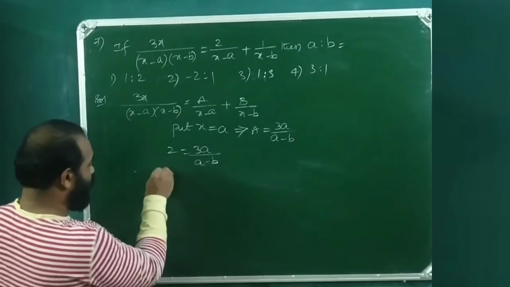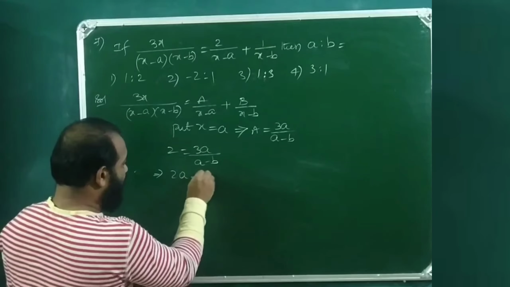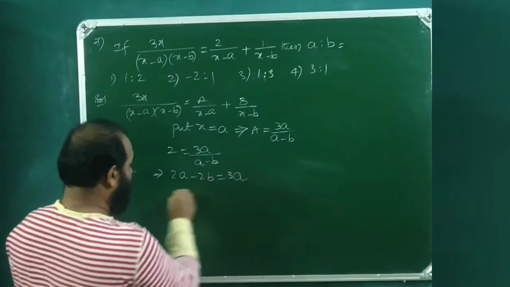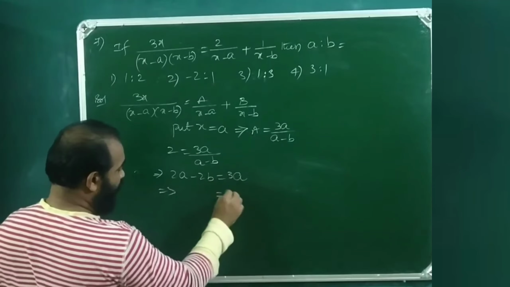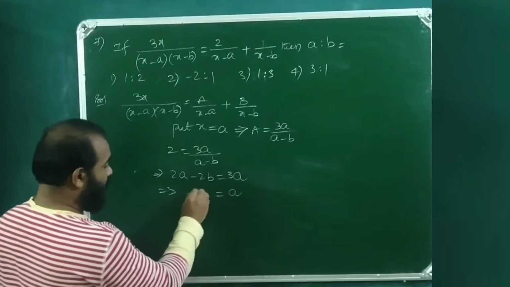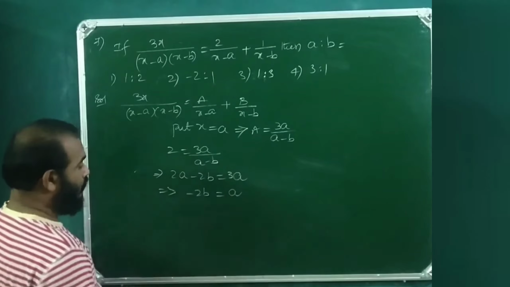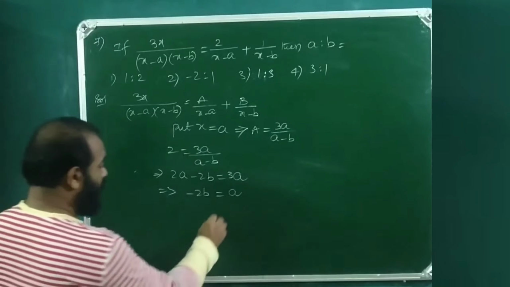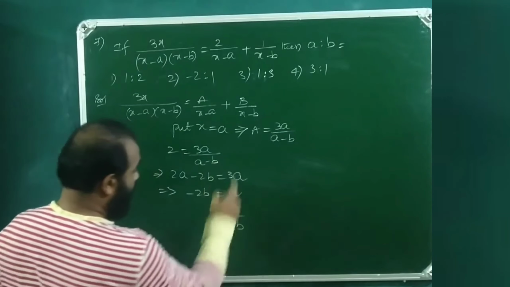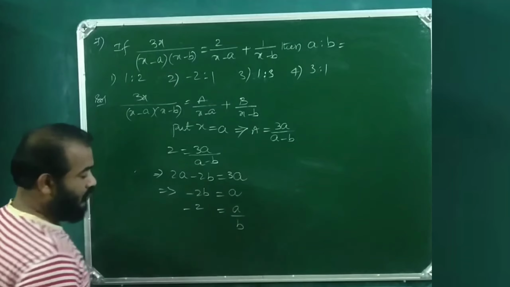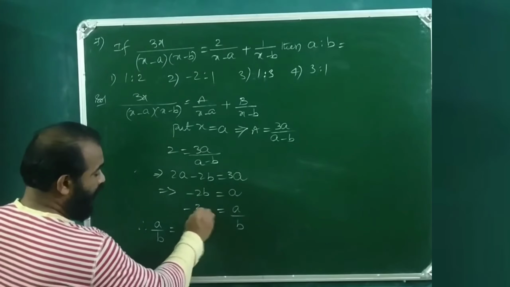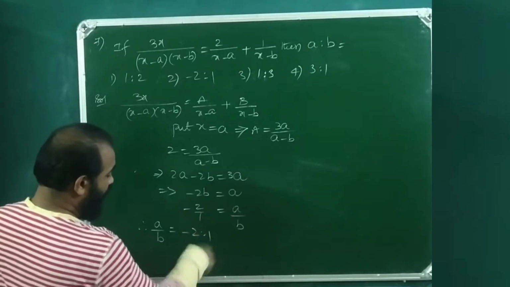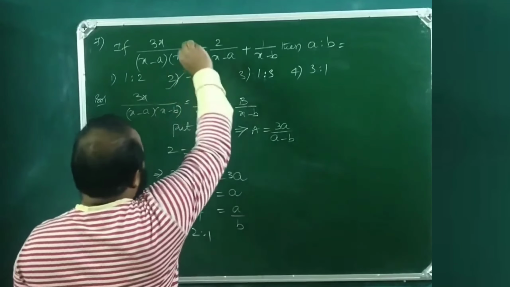Now this is equals to 2 into a minus b, 2a minus 2b is equals to 3a. So this is 3a minus 2a is a is equals to minus 2b. So therefore a by b is equals to minus 2. Therefore a by b is equals to minus 2 by 1, that is minus 2 to 1. So the option number 2.